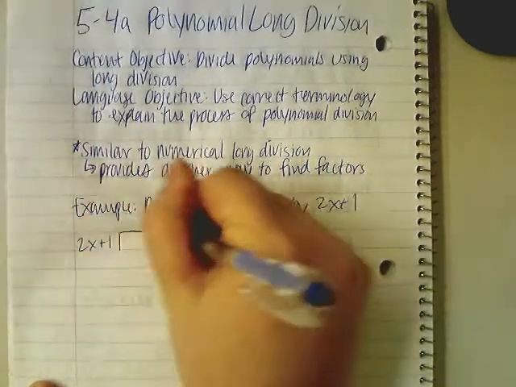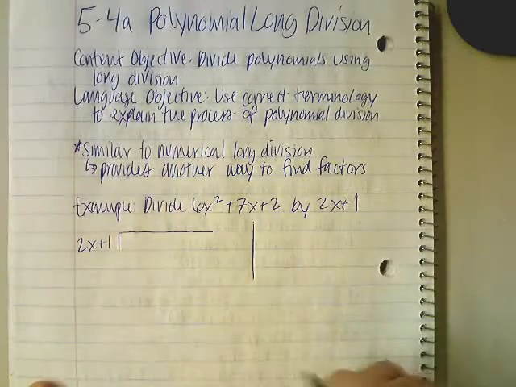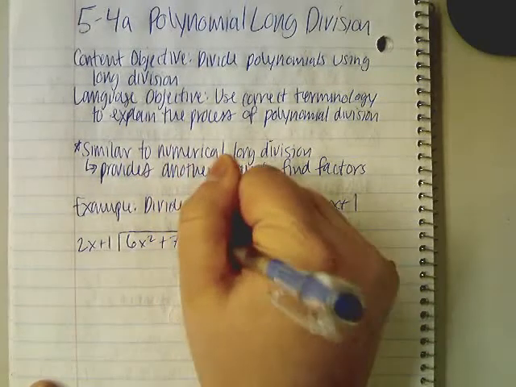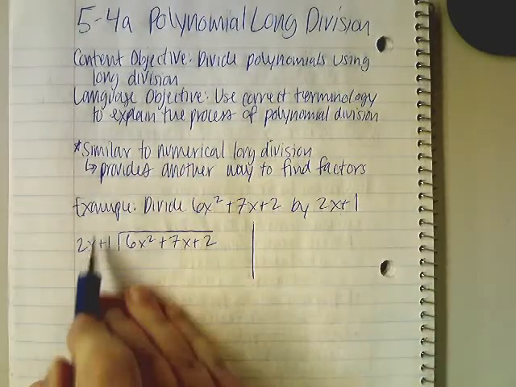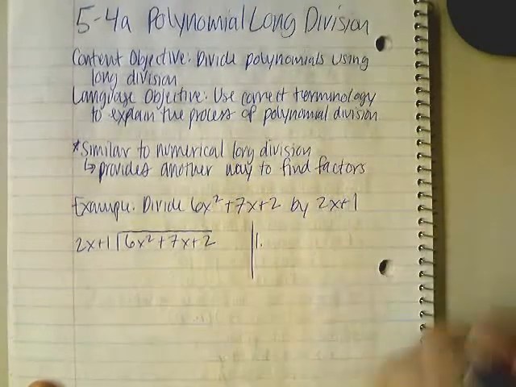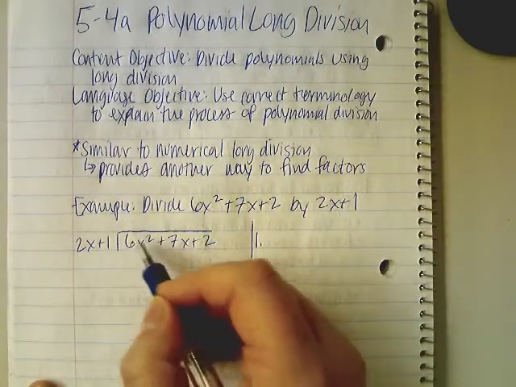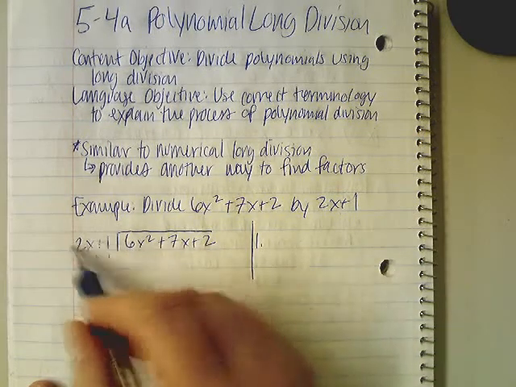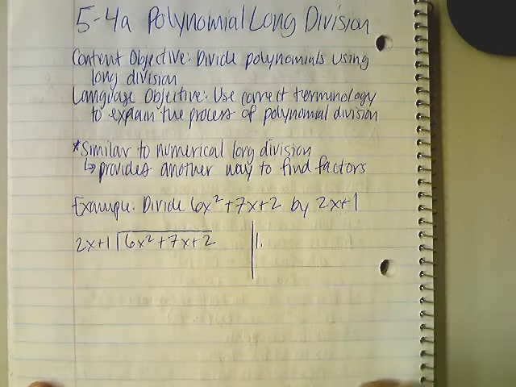So I have 2x plus 1 as my divisor, and then I have 6x squared plus 7x plus 2. So I'm dividing this by this. And step 1, if you remember long division, you want to take out the largest part of your number that's being divided first, or you want to multiply this by something to cancel that out.